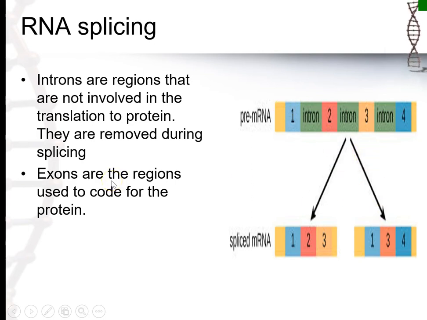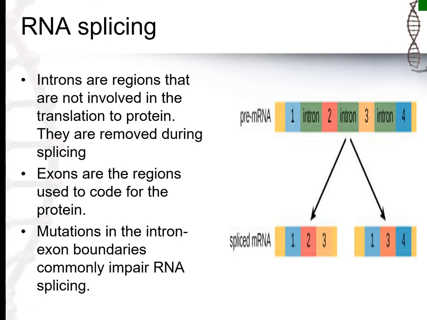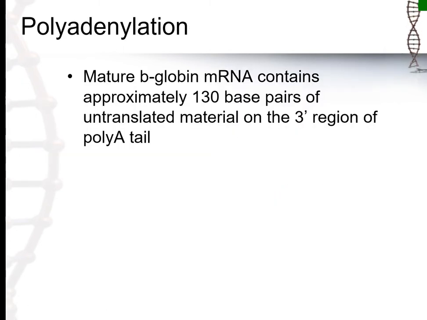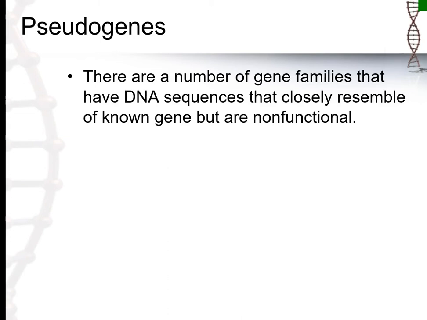It allows an increased number of protein products from a single gene. This is known as alternate splicing, splicing out the introns in different ways. A third of genes have alternate splicing, and again, the immune genes are one of the biggest ones.